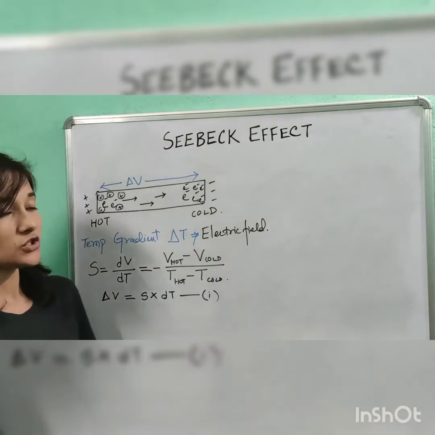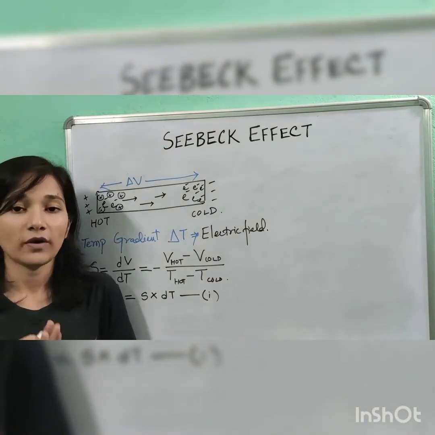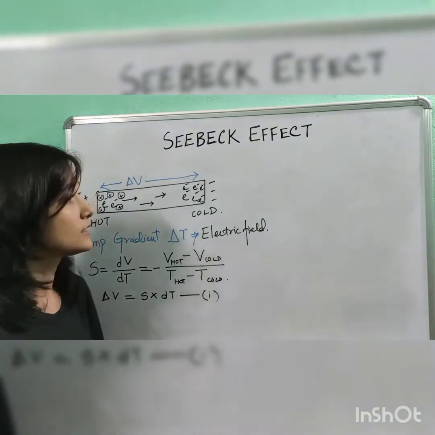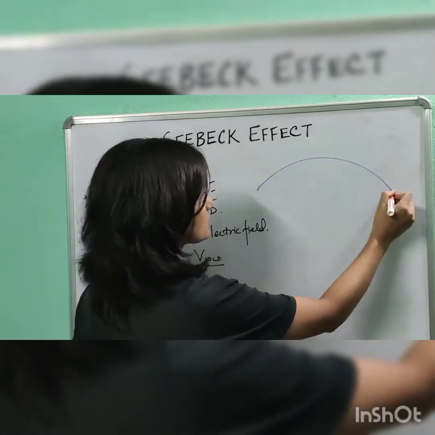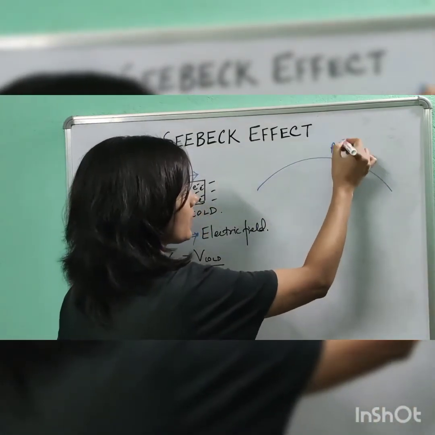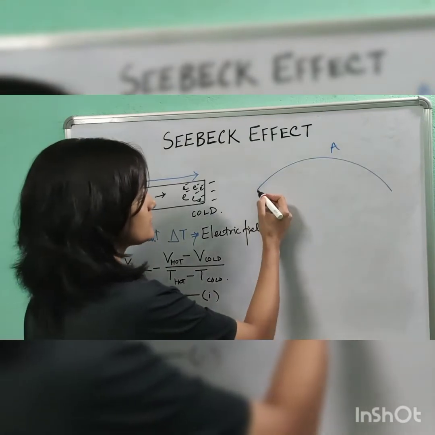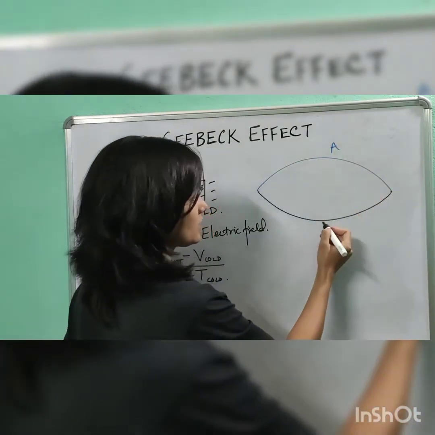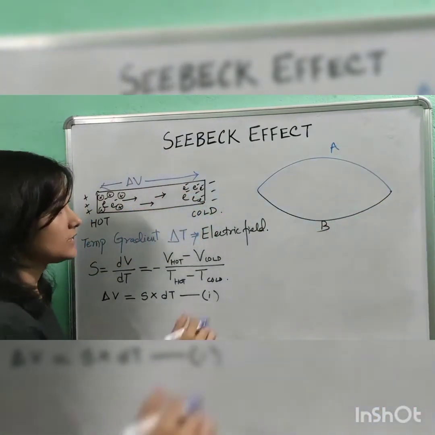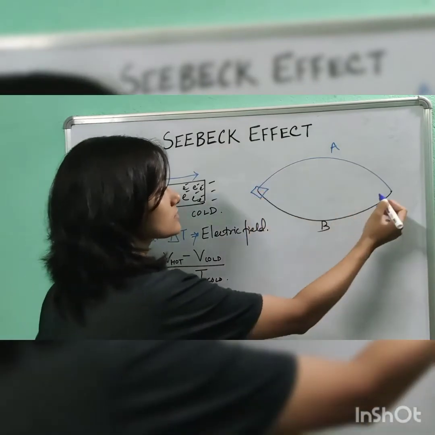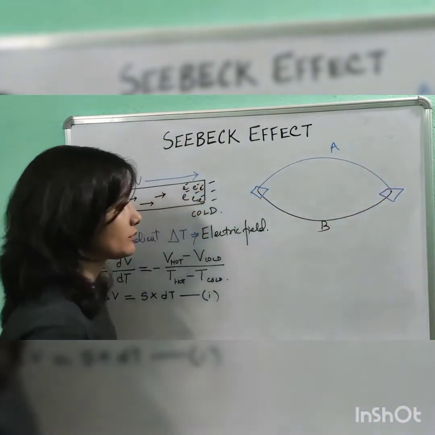Now, if I take two different wires, suppose this is a wire made of metal A and this is another wire made of metal B, and I maintain the two junctions at different temperatures.